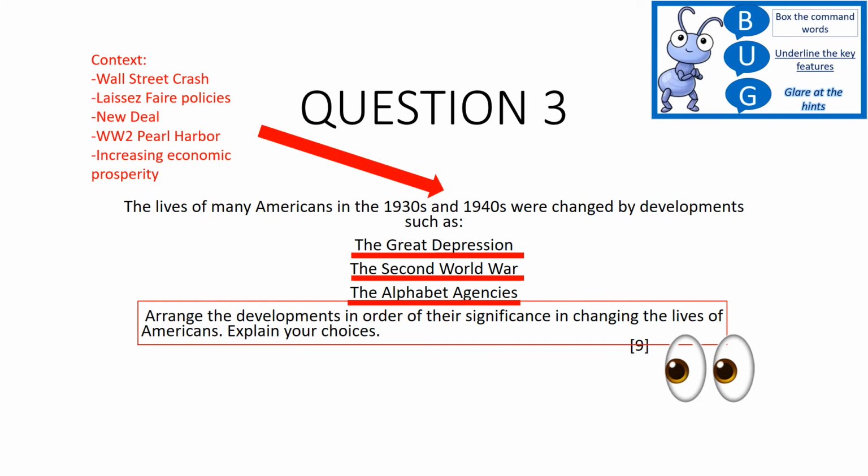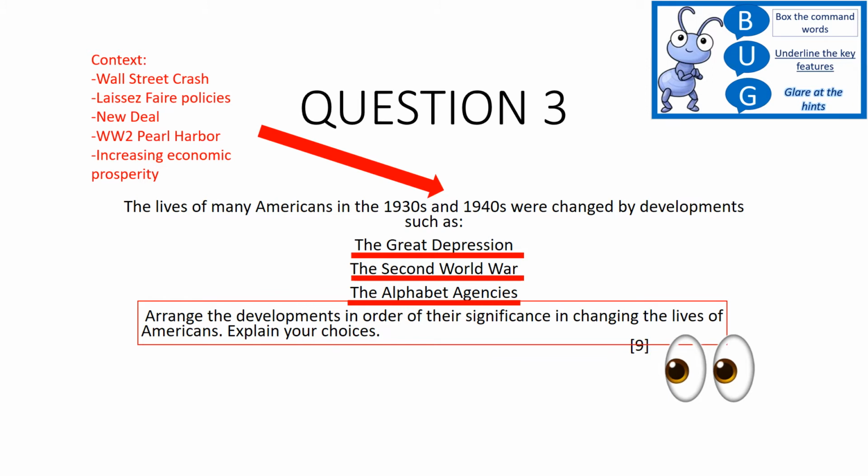So let's start thinking then about context. 1930s, 1940s, you've got the Wall Street crash, where on the 29th of October 1929 the stock market crashes, and that leads to the Great Depression. But that's one of our key factors, so the Great Depression wouldn't count as context, but the Wall Street crash would.